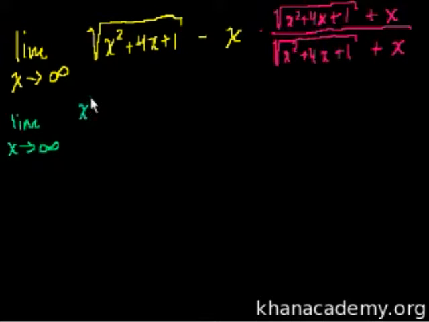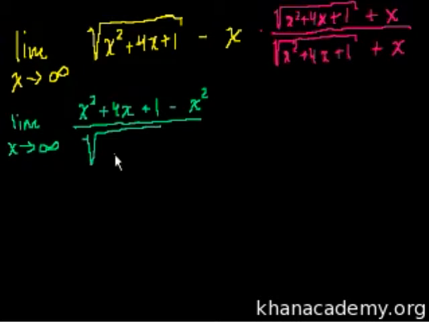That's x squared plus 4x plus 1 minus b squared. Well, what's b squared? b is x, so it's going to be minus x squared. And this is just algebra. Divided by this thing, the square root of x squared plus 4x plus 1 plus x.